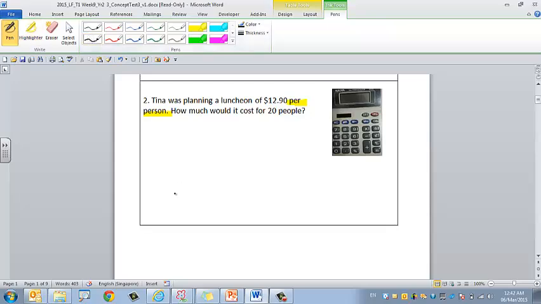So for this, we will need to times 12.90 times 20. Okay, look at the options carefully and make sure you choose times because they want to buy for 20 people.